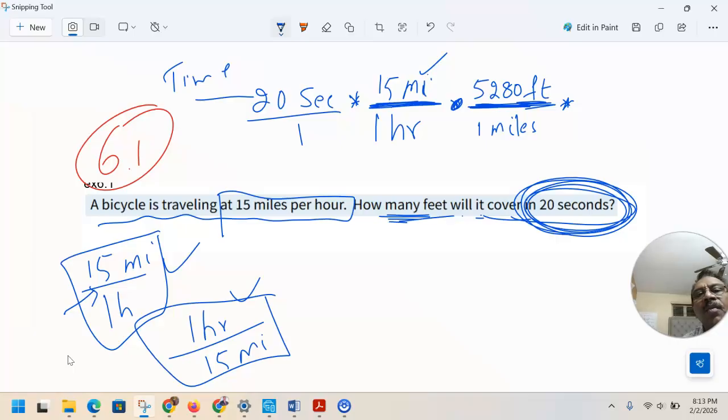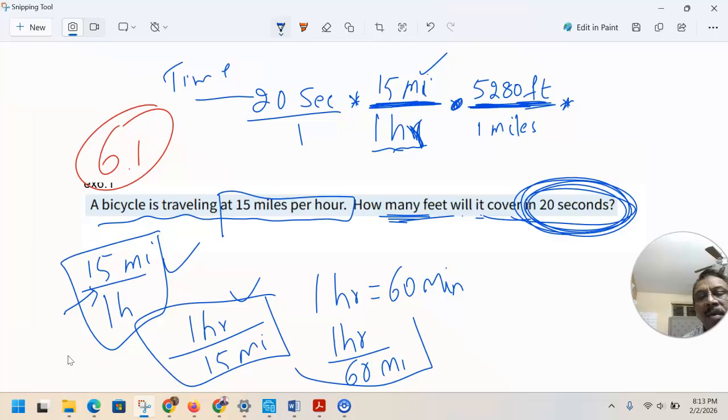Then you also have to change the hour. Because the hour is down in the denominator, 1 hour, we know 1 hour is 60 minutes, right? So you can write it two different ways: 1 hour is 60 minutes, or you can write 60 minutes and 1 hour.